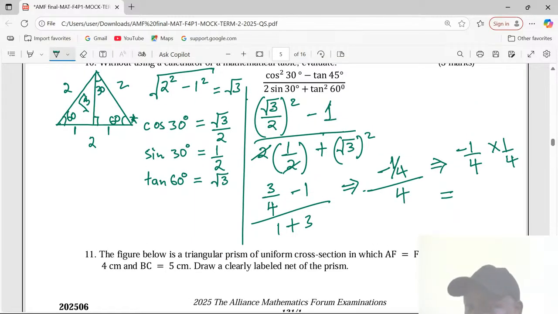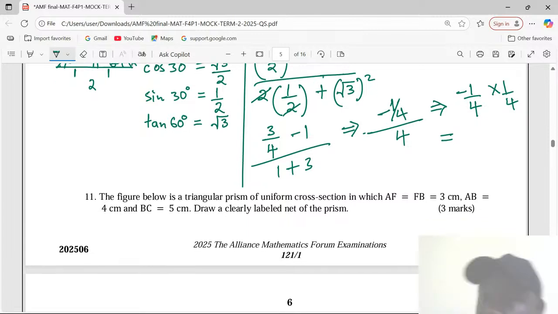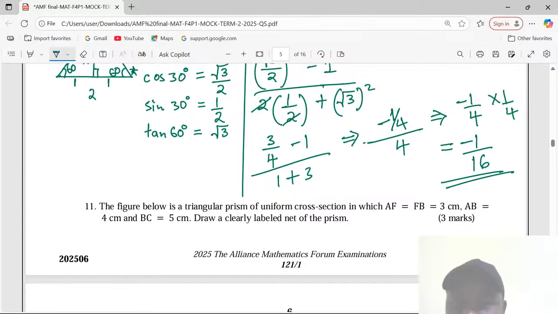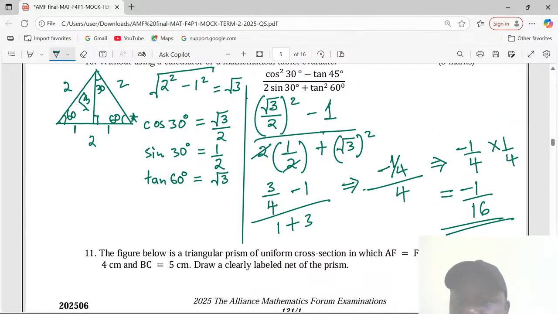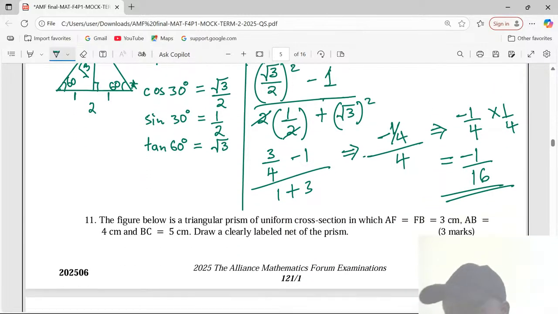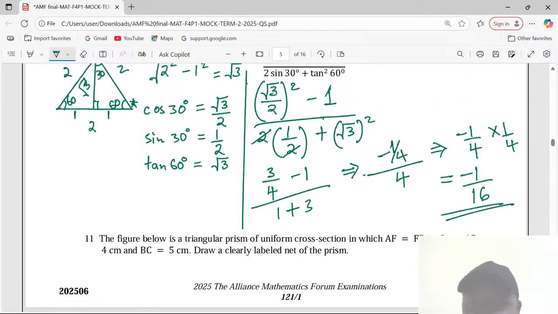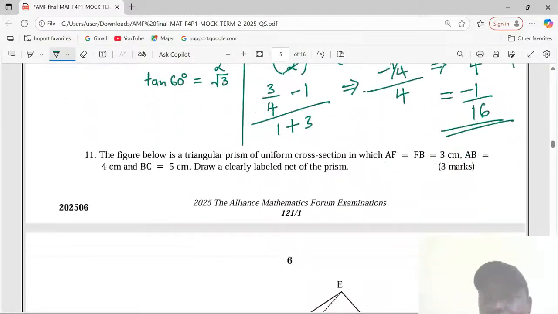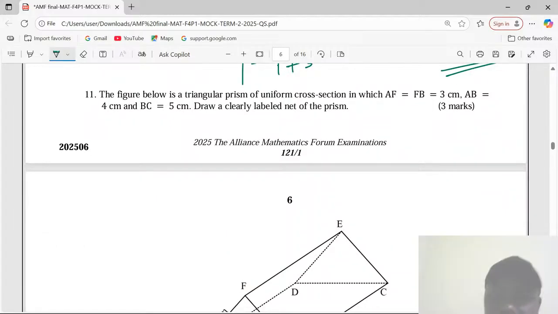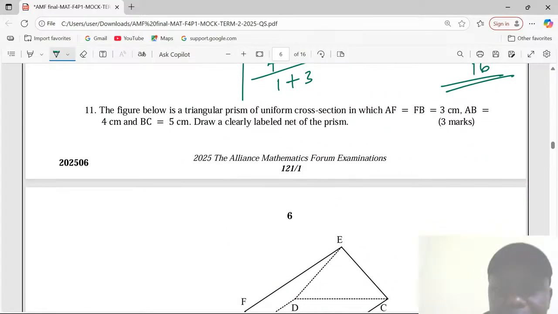So negative 1 out of 16 becomes our final answer. So that's how we're supposed to work out a question like number 10.